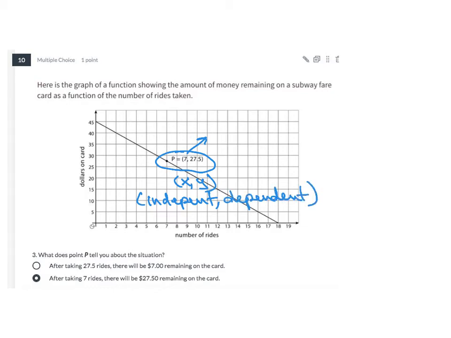Okay, so if we label it, we have the number of rides and then we also have the dollars, right? So let's put the numbers in there. For 7 rides, it's going to be $27.50. So which one would go with it? After taking 7 rides, there'll be $27.50 remaining on the card.